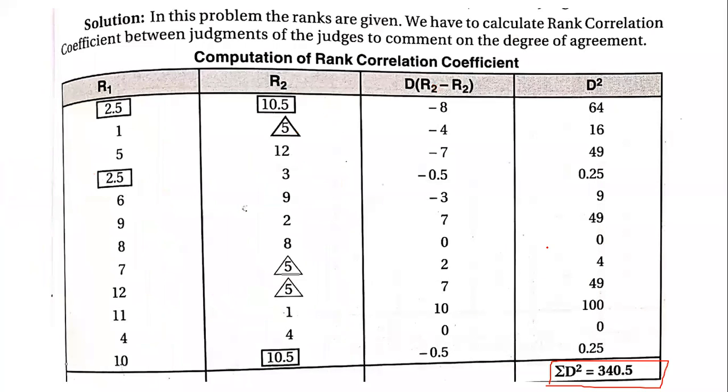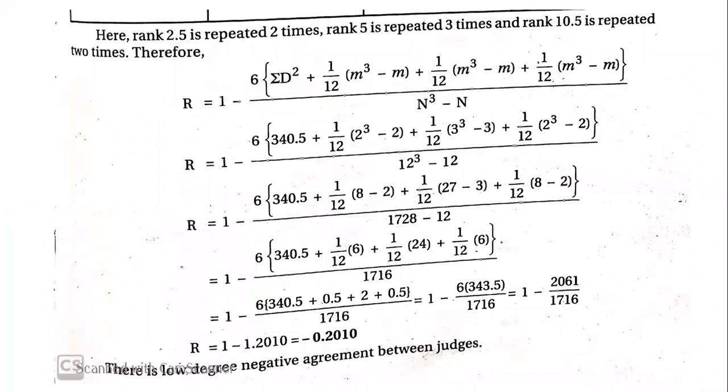Now let us go to the formula and apply this. Now if you see here, you can give a sentence like this so that you're giving them clarity. So here 2.5 is repeated 2 times, rank 5 is repeated 3 times, and rank 10.5 is repeated 2 times. So we have 3 numbers which are being repeated. Now let us write the formula.